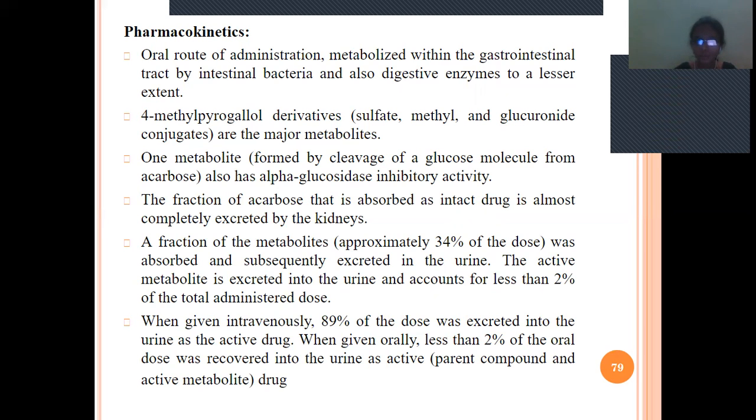A fraction of the metabolites was observed and excreted in the urine, and the active metabolites excreted into the urine account for less than 2% of the total administered drug. When the drug is taken through the intravenous route, it is excreted in the urine as the active form, that is 89%. When taken orally, less than 2% of the oral dose was recovered in the urine.